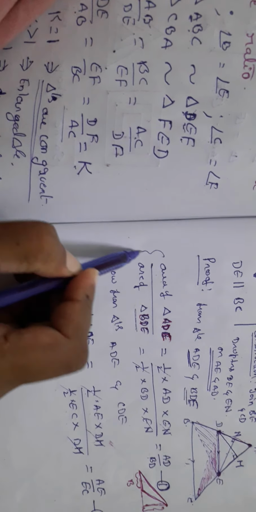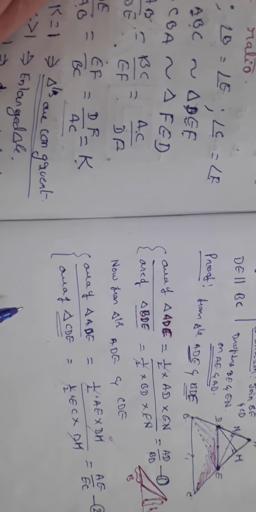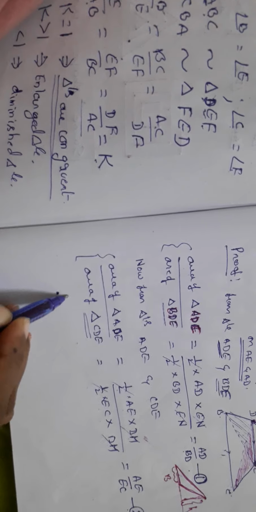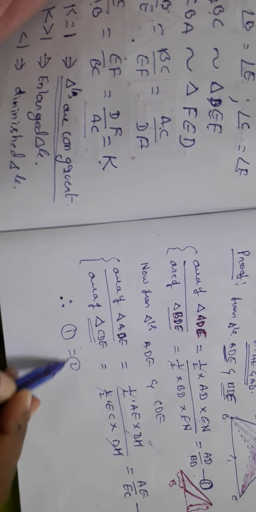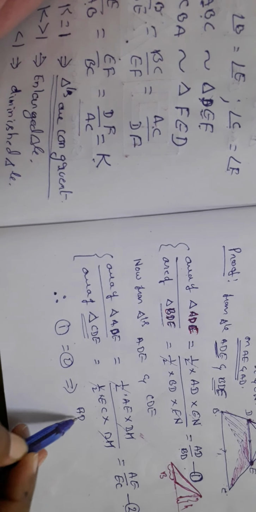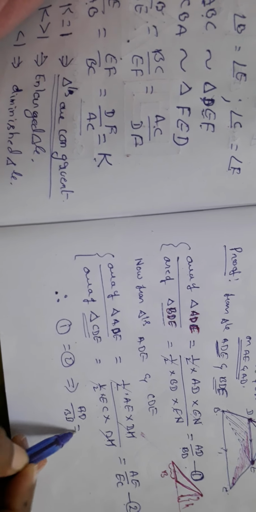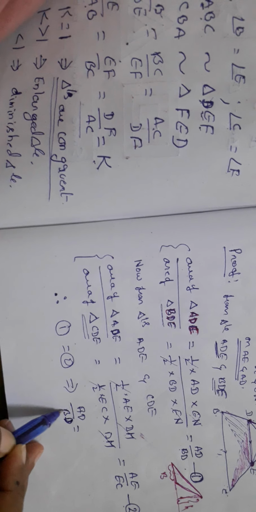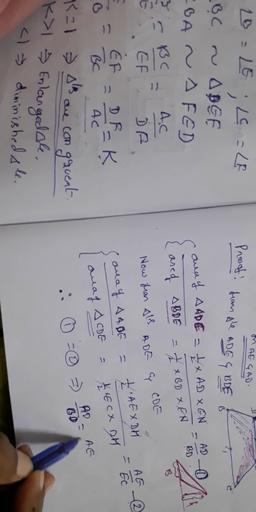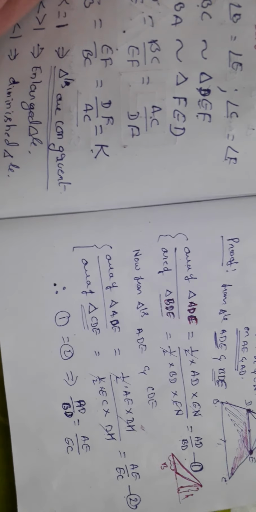That means this ratio is equal to this ratio. Is it not? That means 1 is equal to 2. Therefore, equation 1 is equal to equation 2, which implies AD by BD is equal to AE by EC. Hence proved.